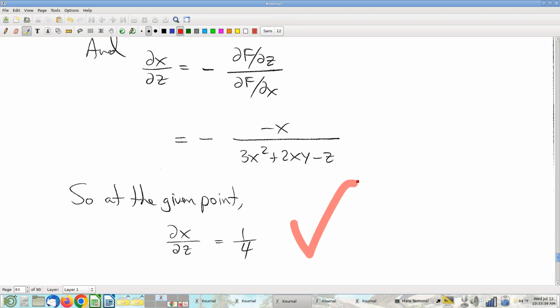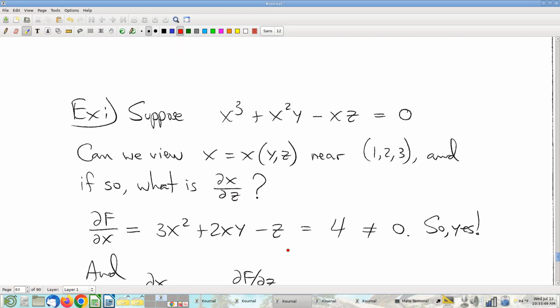Yep. So since this is locally, does that mean that at other points if the... Yeah, no, that's right. This is only established at this point right here. And I say near because if you want to view it as a function, you need at least a little bit of wiggle room, nearby. But it's only at this point that I know anything, because it's only at that point that I've established that this is non-zero.